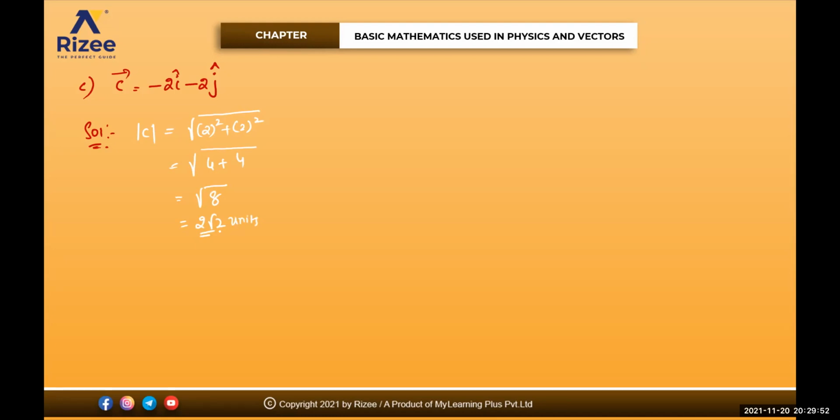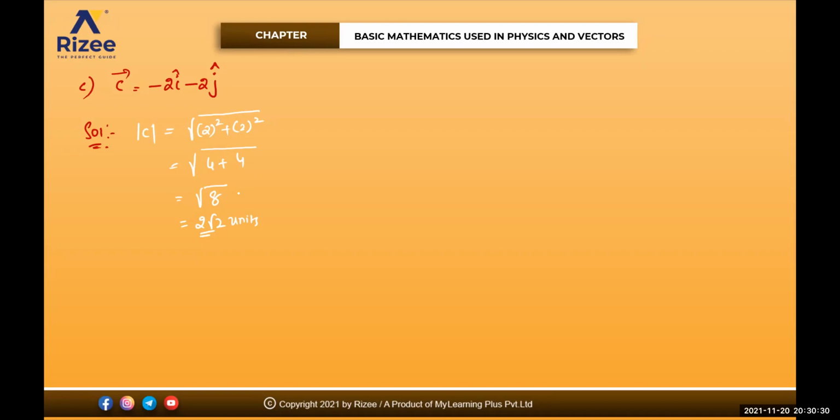Everyone got it? Two root 2, root 8. Any doubt, anyone?